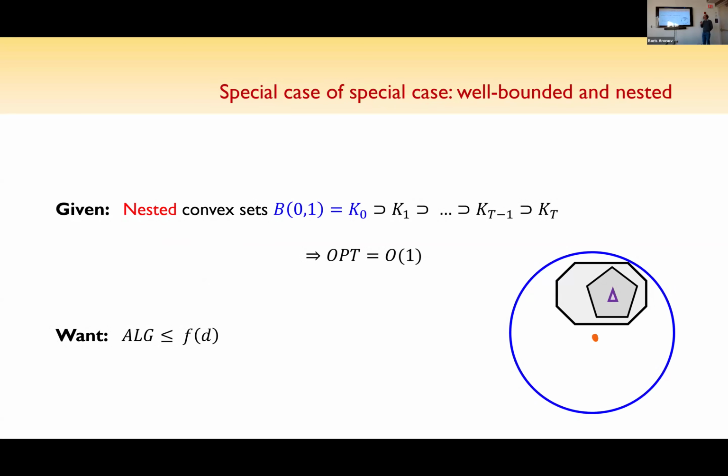For the moment, let's focus on a special case. The special case is my original body is going to be the unit ball, and then I'll give you a bunch of nested convex bodies. And you're sitting at the origin initially.